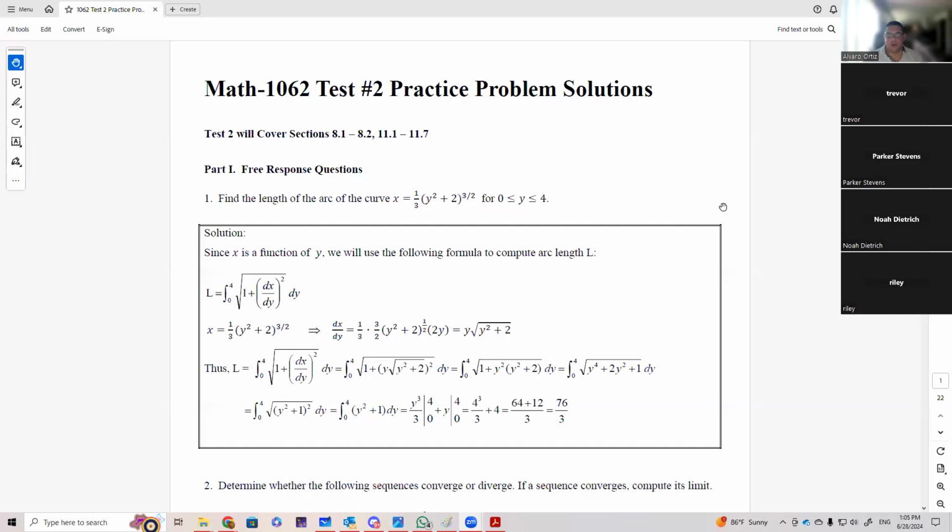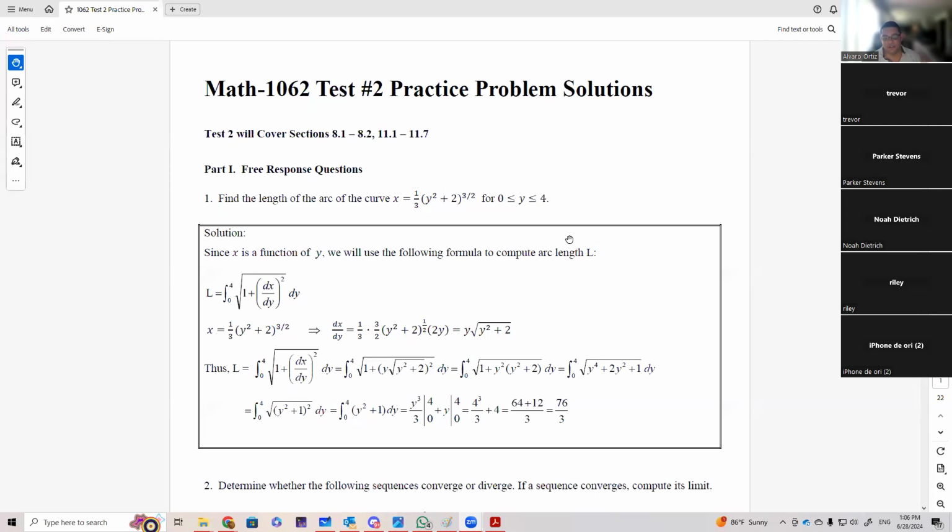I'm going to go in order with the solutions that I prepared for today. But there are a couple of different approaches that we can take on the questions of the exam. One of them is, for example, on the arc length. There are certain types of questions that you can address.